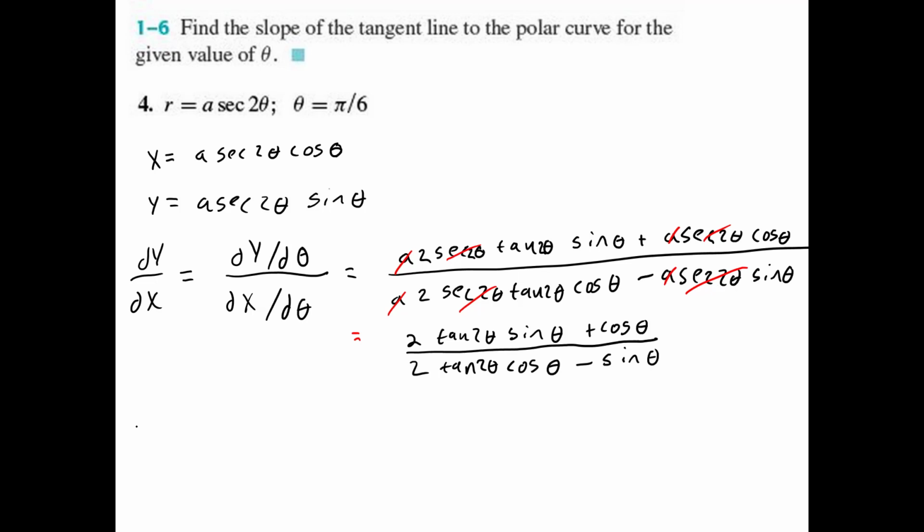Okay. So then dy/dx evaluated at 30 degrees is tangent of 60 degrees. With the 60-30-90 triangle, sides 1, 2, square root of 3, the tangent of 60 degrees is root 3.